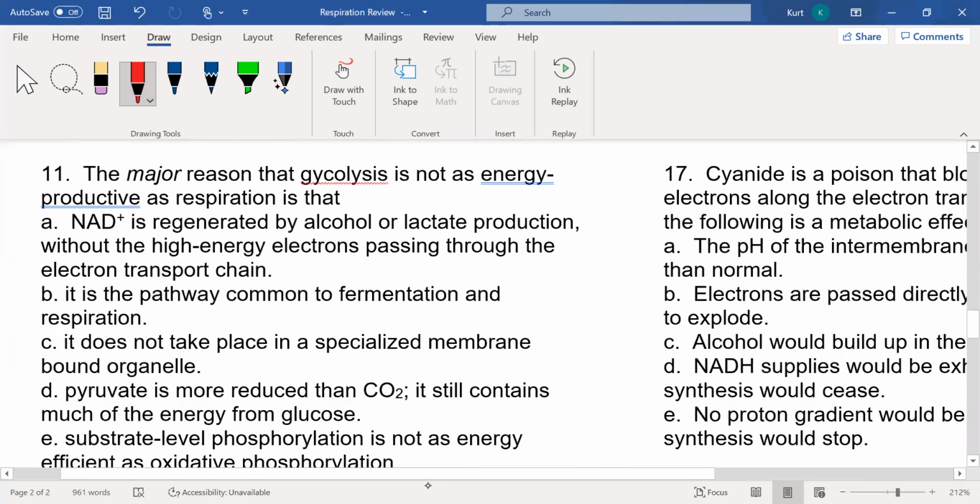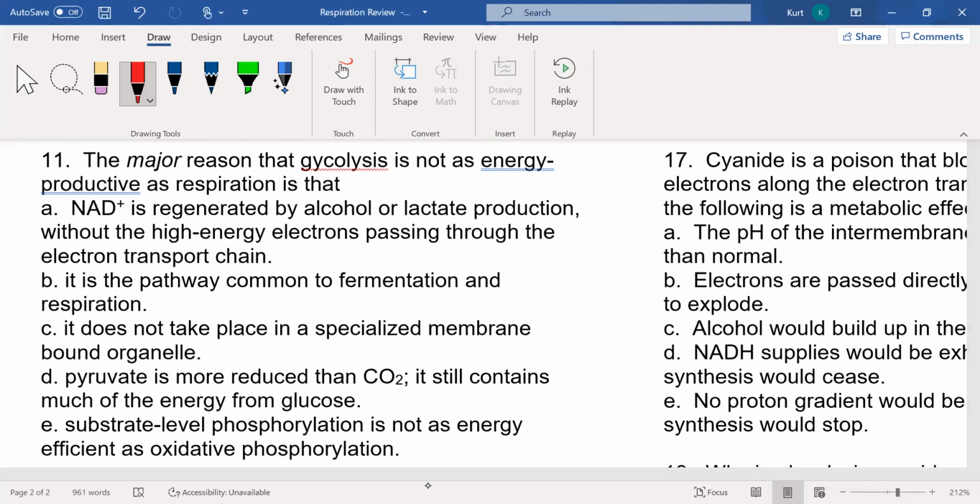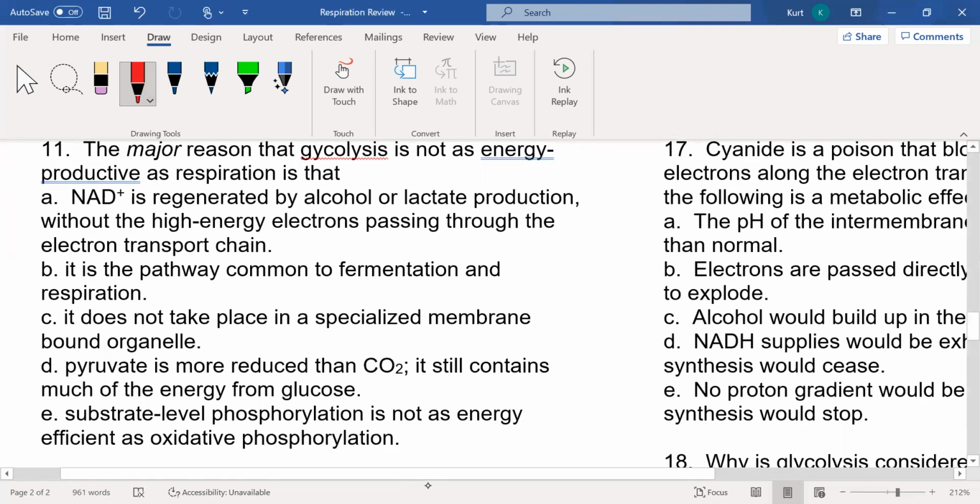All right, glycolysis spelled wrong, no big deal. The major reason that glycolysis is not as energy productive as respiration is that, let's see, I'm reading them right now. Pyruvate is more reduced. Nope. It does not take place in a specialized membrane-bound organelle. That's not why.